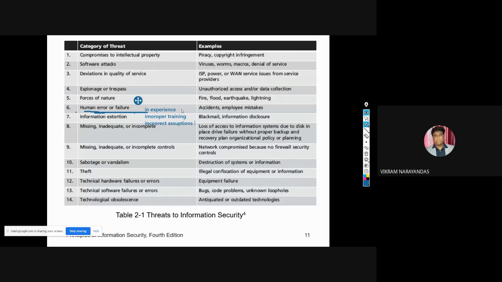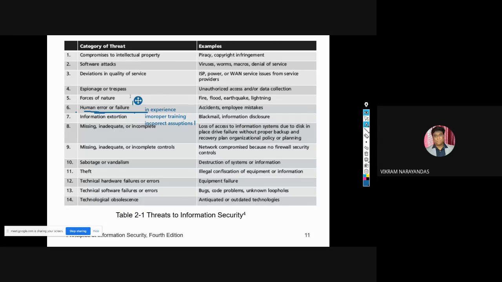These are mistakes: improper training, incorrect assumptions, inexperience. All this makes up human error failures and employee mistakes. Many threats can be prevented with controls, ranging from simple to more complex procedures, such as verification by a second party or third party.